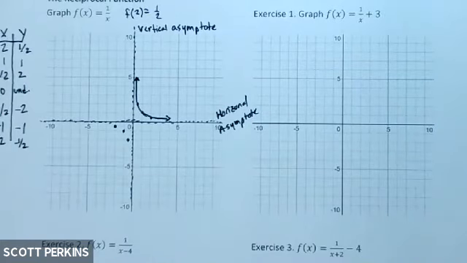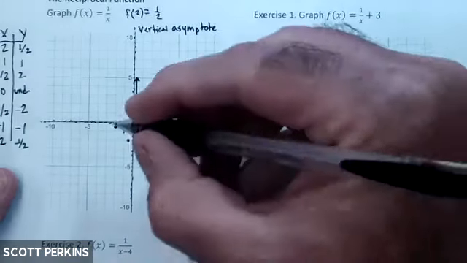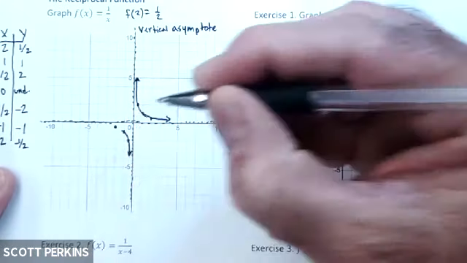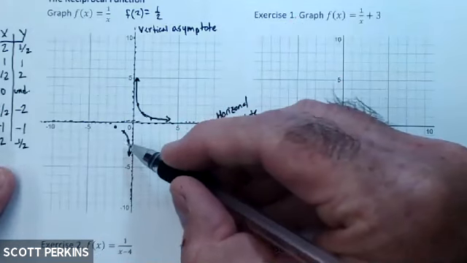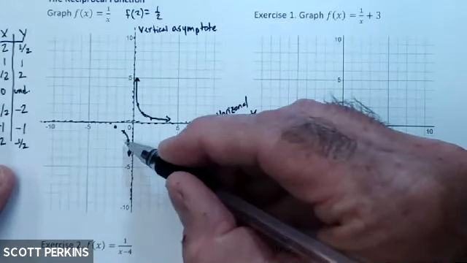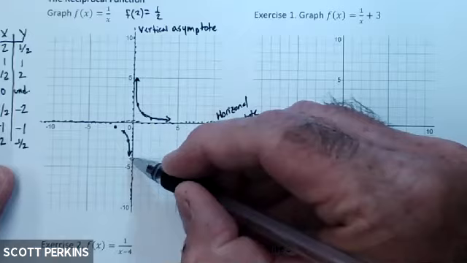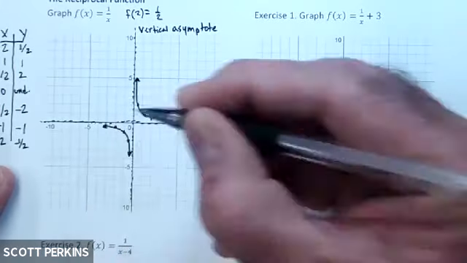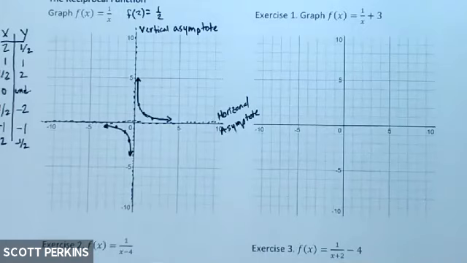And then the same thing is true on the other side of the graph: as we connect these dots, as we get closer and closer to the x-axis, the graph is just going to get closer and closer. It never goes through it. And then the same thing with the x-axis here. It never gets any closer.